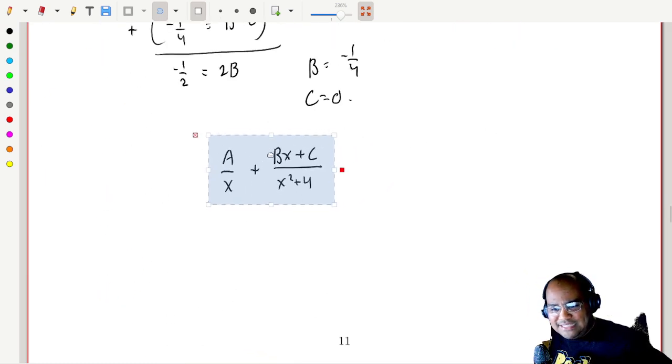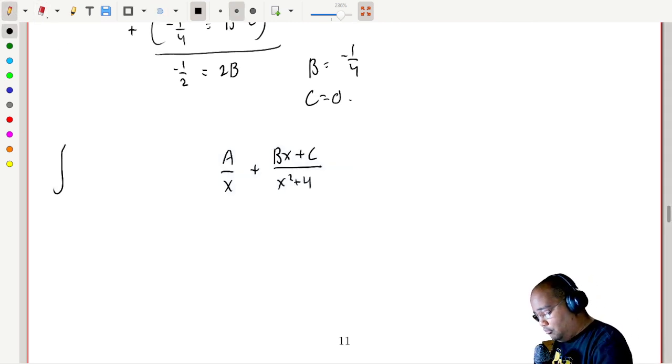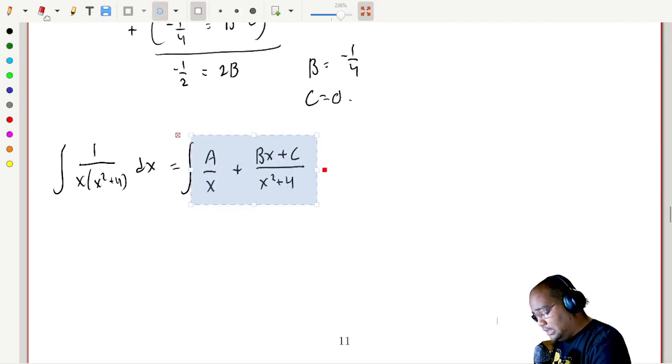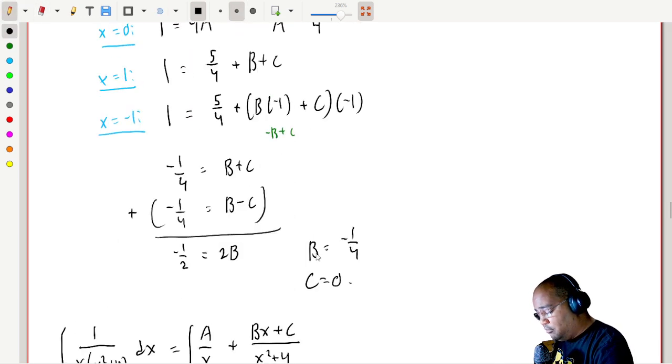And trust me, this is not too bad. So our integral, we wanted to look at the integral of 1 over x times x squared plus 4 dx. That's going to be equal to this integral. Slide that over. The integral of a, well, what did we say a was?